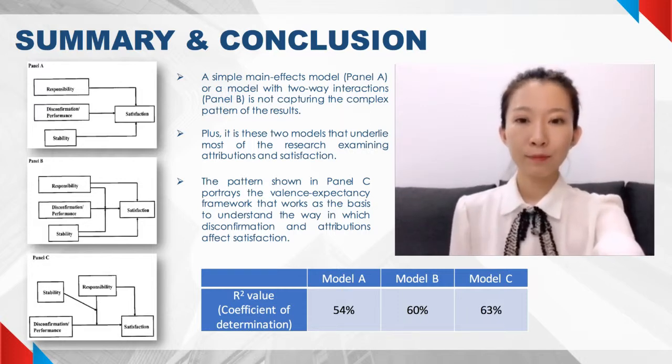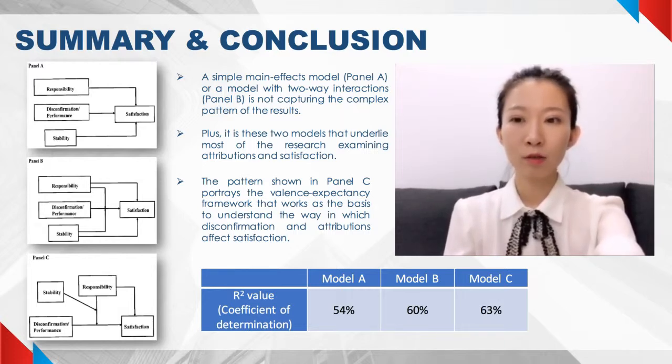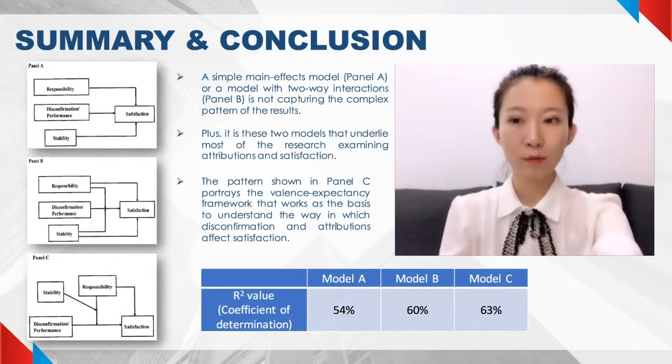So basically, it is a three-way interaction model. The pattern shown in panel C portrays the valence expectancy framework that works as a basis to understand the way in which disconfirmation and attribution affect satisfaction.